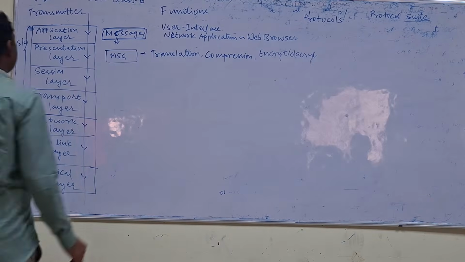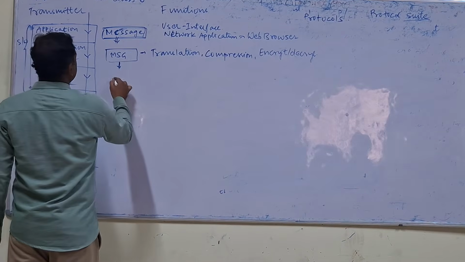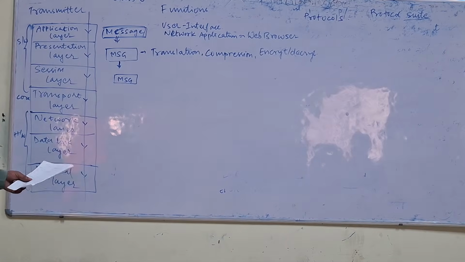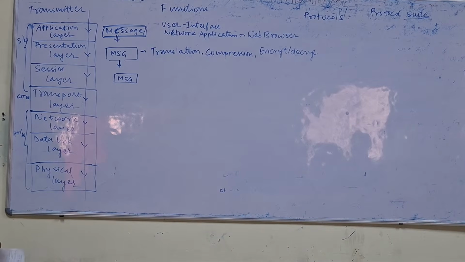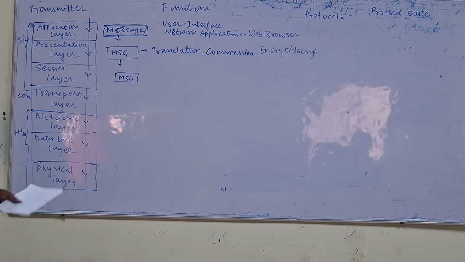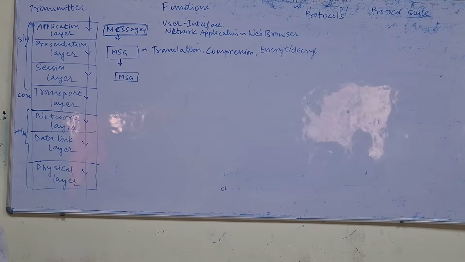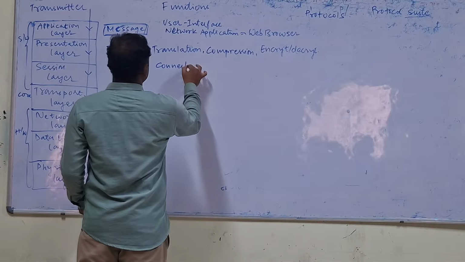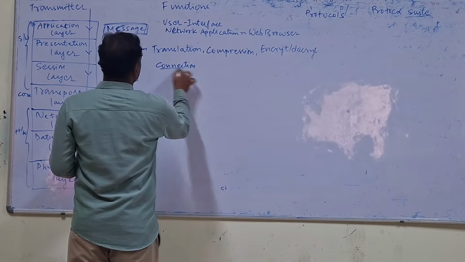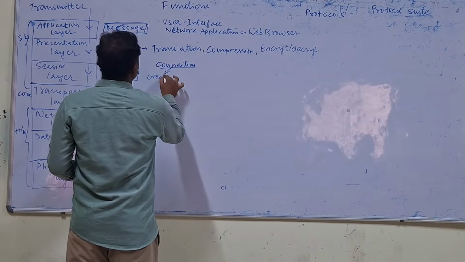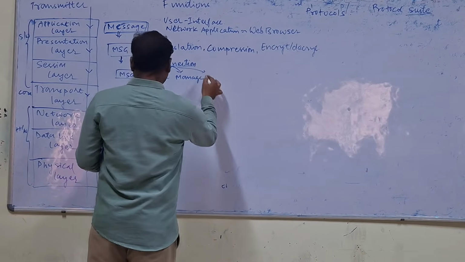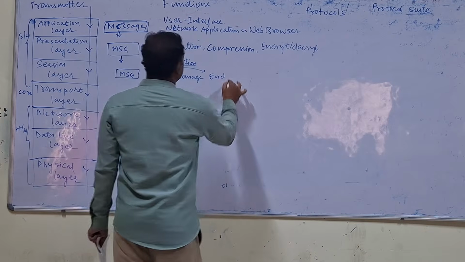Then your same message will pass on to the session layer. In your session layer, what are the functions that take place? Connection: create the connection, manage the connection, then end the connection.